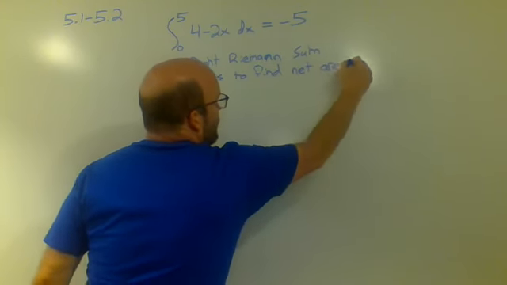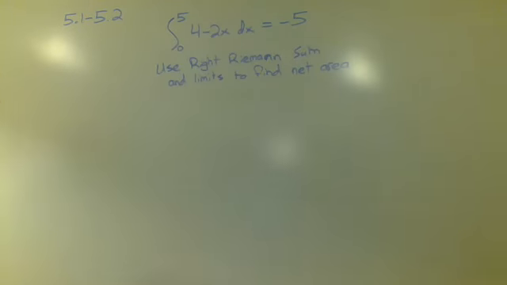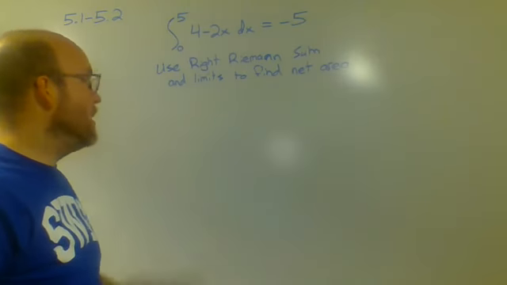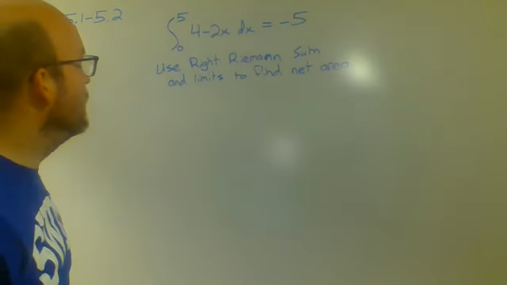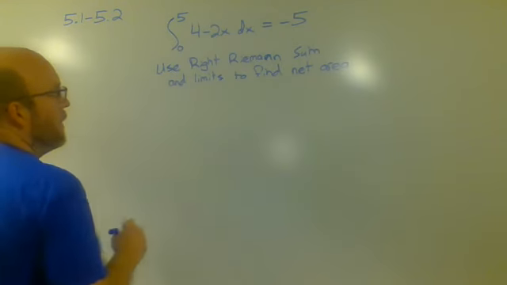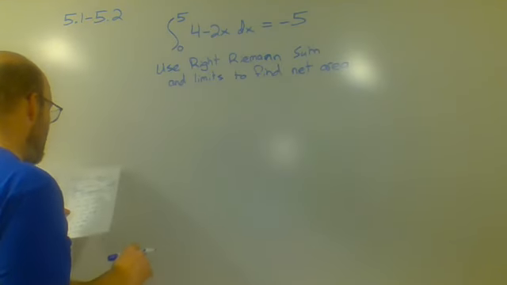So it would typically say use right Riemann sum and limits to find the net area. It might also say use the limit definition of net area to find the net area. But this is what we're doing: use the right Riemann sum and limits to find the net area.